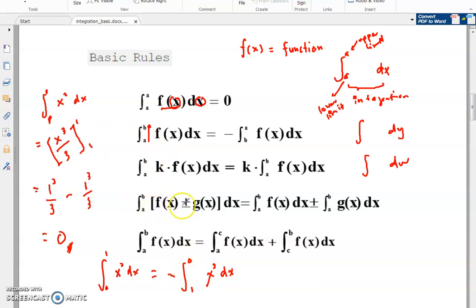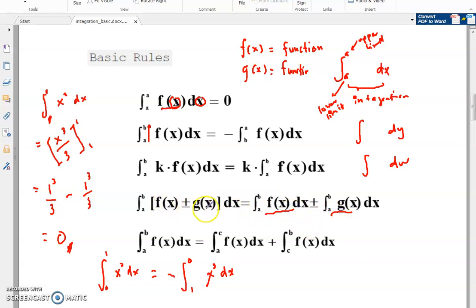What happens if we have two functions, where f(x) is your first function and g(x) is your second function? If you have a plus or minus sign, you just need to split your integral into two.